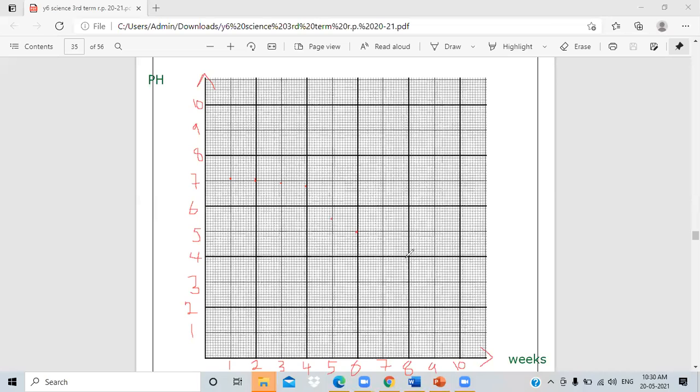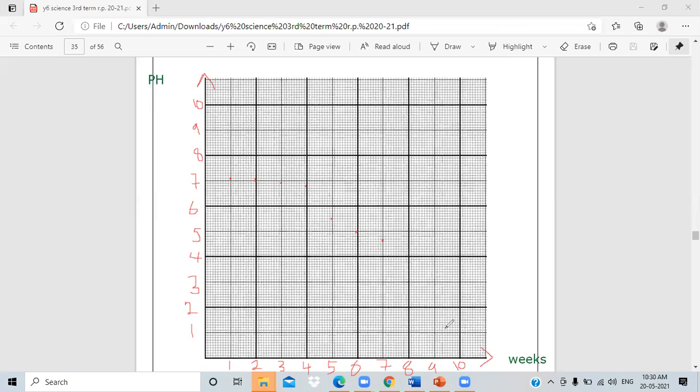Okay. In week 7, it was 4.7. So I'm going to reach 4 and I'm going to count 7 boxes. 1, 2, 3, 4, 5, 6, 7. So it's going to be around here.